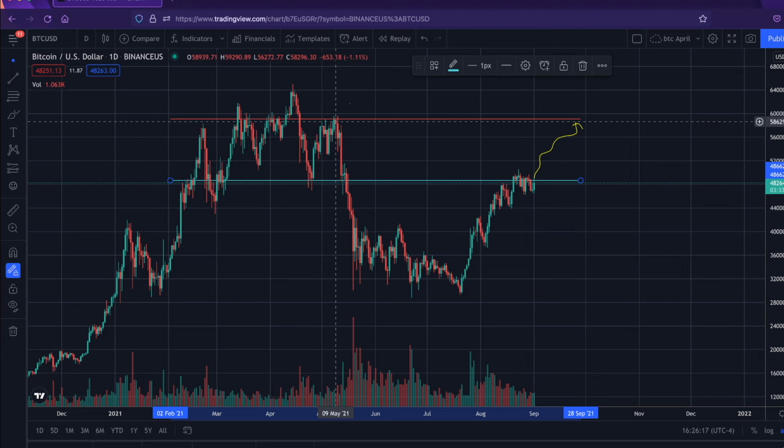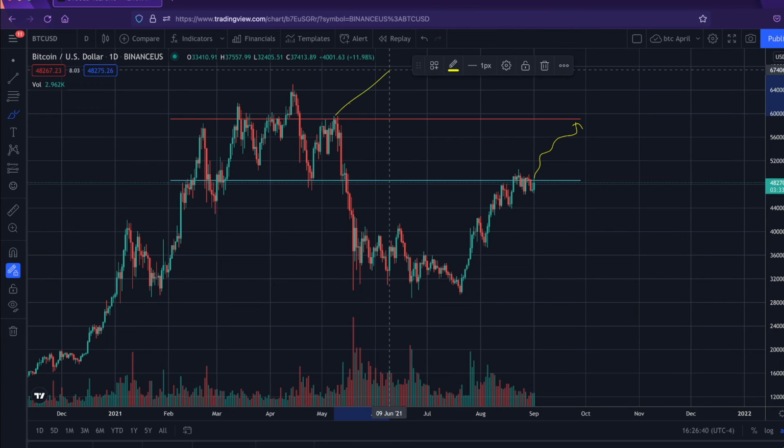Now here, this is about the fourth or fifth time that we tested this support level. Eventually the market did break down, and it broke down significantly. And that's what will happen with resistance. When you eventually break resistance, it will break up significantly. So the same thing with resistance is going to happen with support. So this is what we'll see.